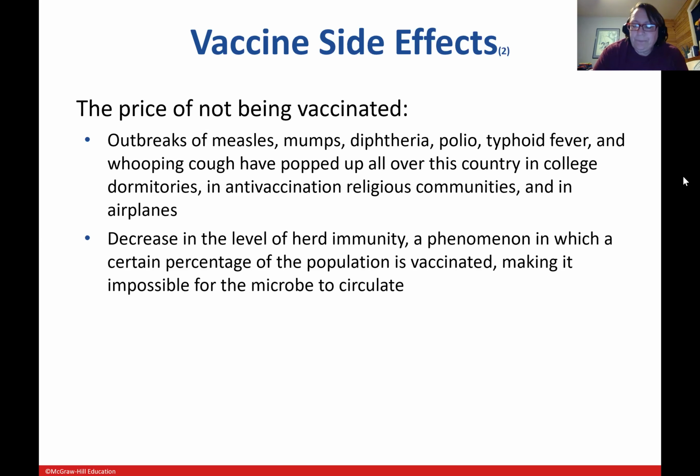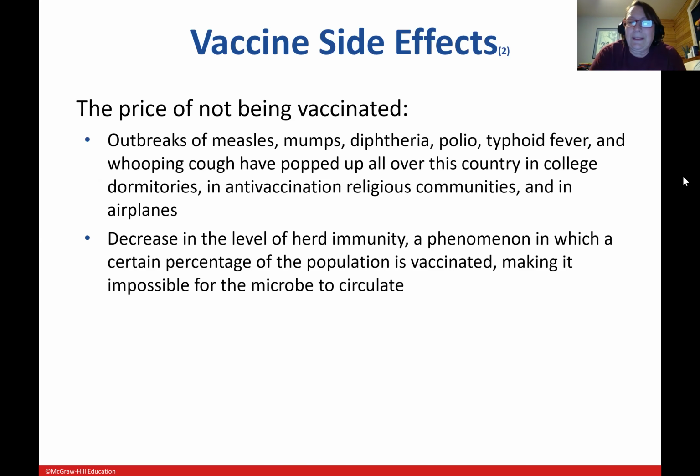One of the really important things about vaccine usage is that we have this concept called herd immunity. Essentially, if you can get a certain percentage of the population to be immune to something, that pathogen can't get a foothold in that population to be spread. So herd immunity essentially breaks that pathogenic cycle and stops the transmission.